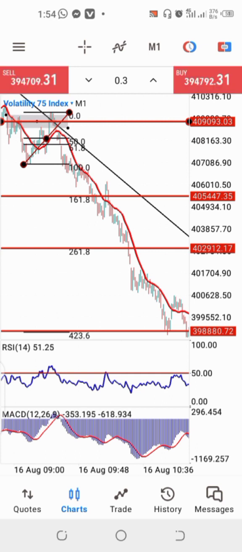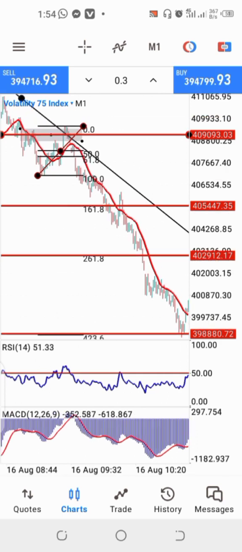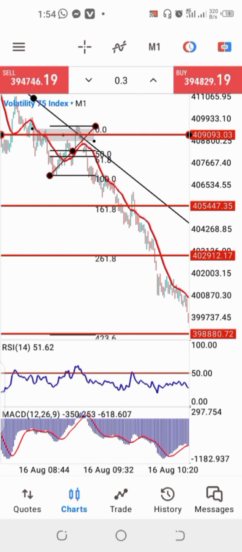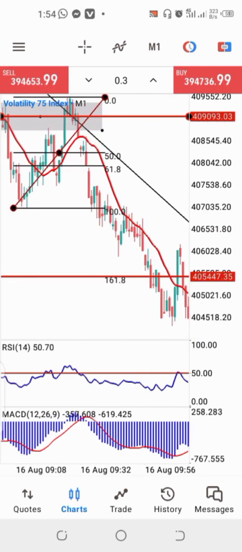Then you might want to know the role of the indicators, the RSI and the MACD below. Like I said, I use them for confirmation.